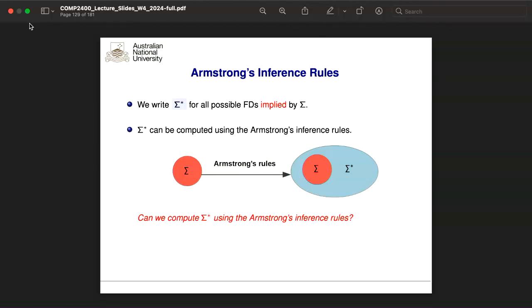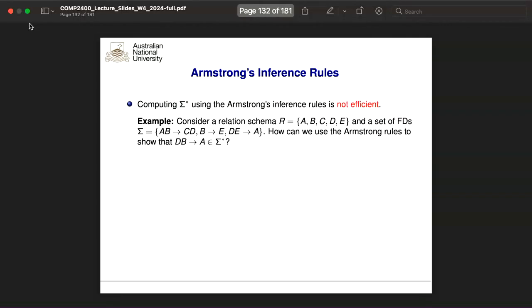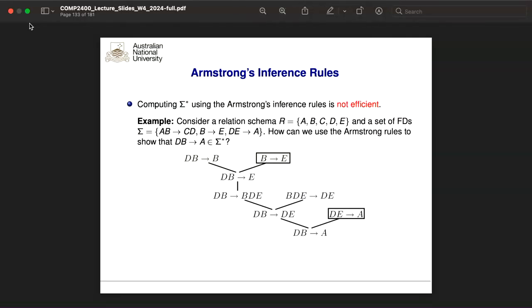In principle, yes, we can, because it's sound and complete. However, when we talk about efficiency, how easily we can use these rules to get all implied functional dependencies, that's different. That's not efficient.